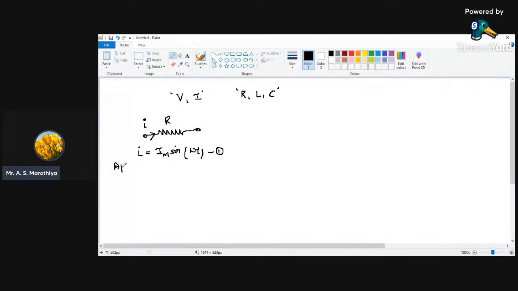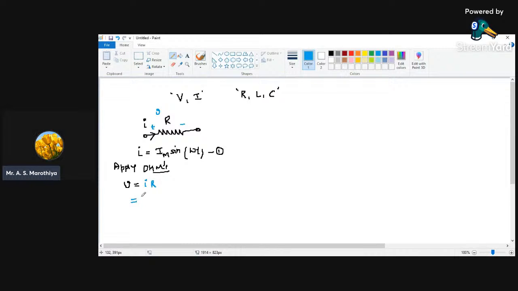So if we apply Ohm's law over here, we can write small v, where small v indicates the instantaneous value of voltage appearing across this resistor. So this is going to be plus for a moment, and this is going to be minus for a moment, and this is small v. According to Ohm's law, small v equals small i into small r.